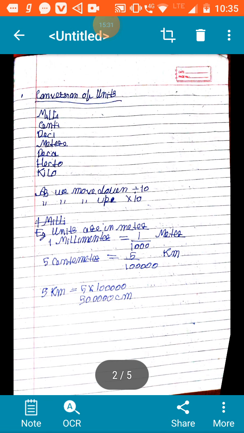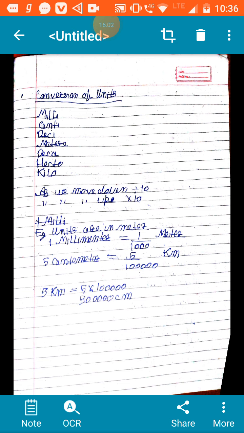Here is a table of conversion of units. Remember: milli, centi, deci, meter, deca, hecto, kilo. As we move down, we divide by 10, and as we move up, we multiply by 10.